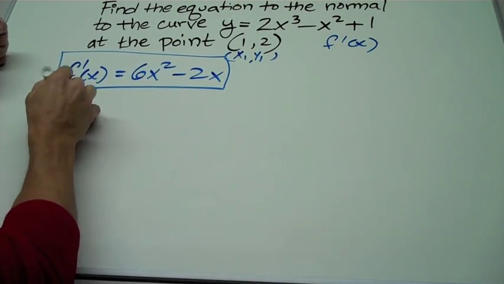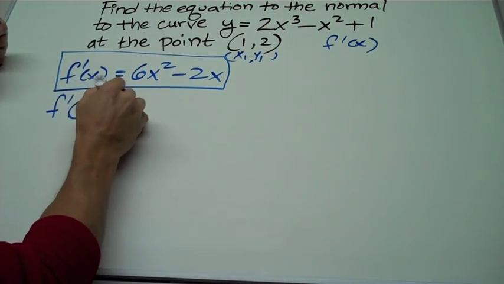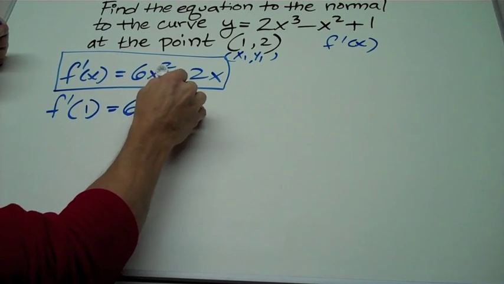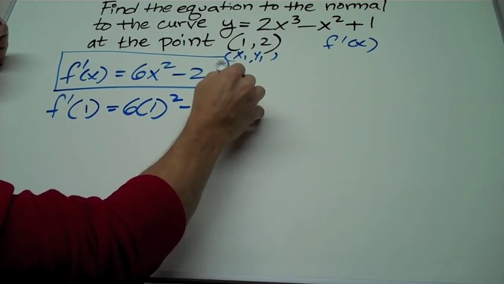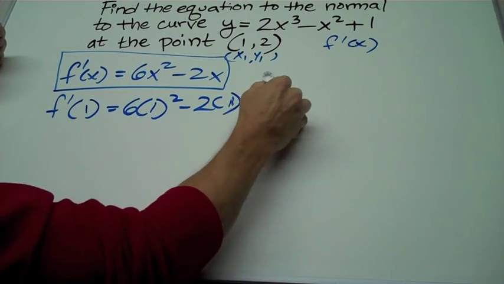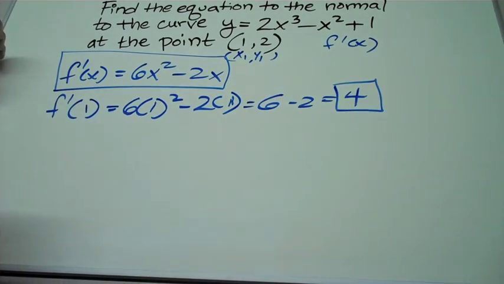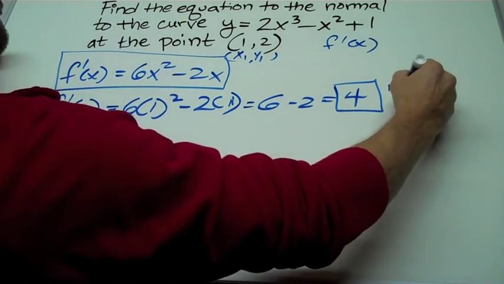Let's find f' of the x in question, which is 1, which would be 6 times 1 squared minus 2 times 1, which would be 1 squared times 6 is 6 minus 2 equals 4. Of course, we've just found the slope of the tangent.